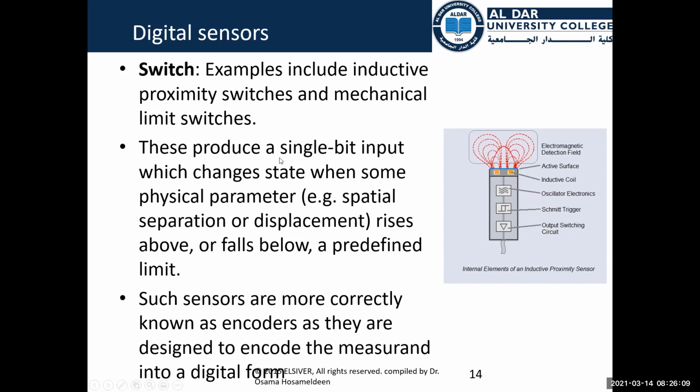It outputs a single bit when some kind of change in some physical parameter, like spatial separation or displacement, rises above or falls below a predefined limit. So according to the physical parameter, the output will change to either 0 or 1.